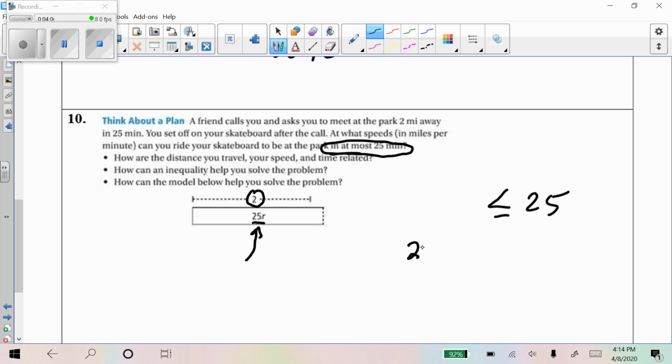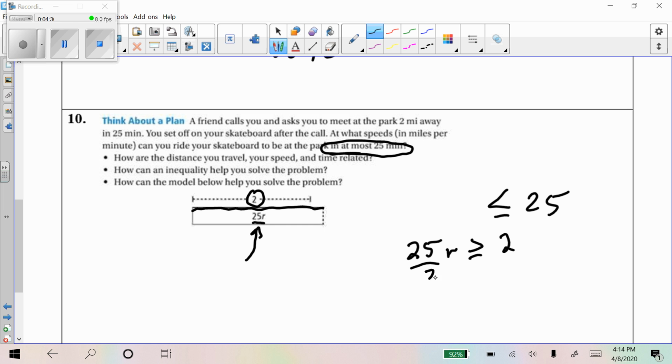So if you are going a distance of 25 minutes times your rate, that has to be greater than or equal to your 2 miles. So that's what the diagram is showing you. If it's exactly right, then you're going to get there in exactly 25 minutes.